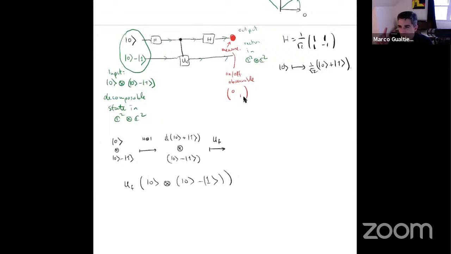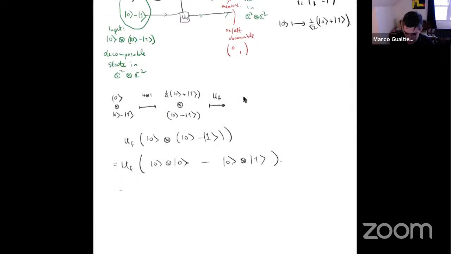And you'll see why I'm using this 0 -1. It's just a trick that I'm using for the following reason. So if I do this, this is the same thing as UF applied to 0 tensor 0 minus 0 tensor 1.